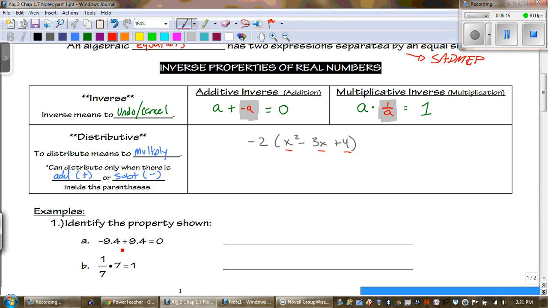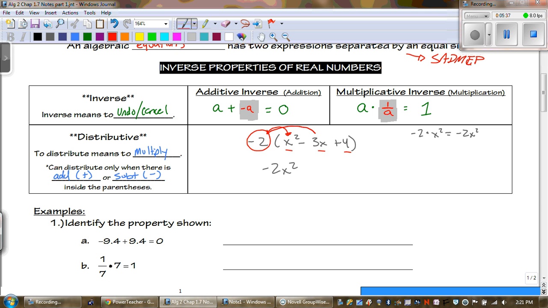So if there's 3 parts now, there should be 3 parts in your answer. Okay? So when we distribute everything, and if you need to go off to the side and write negative 2 times x squared, well, that gives me negative 2x squared. All right?